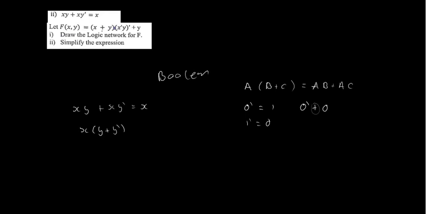So this one will be a 1, so this will be 1 plus 0. And remember, 1 OR anything gives us a 1 there. If you have 1 complement plus 1, this will give us a 1 because this will be 0 plus 1, which just gives us a 1 there, right?